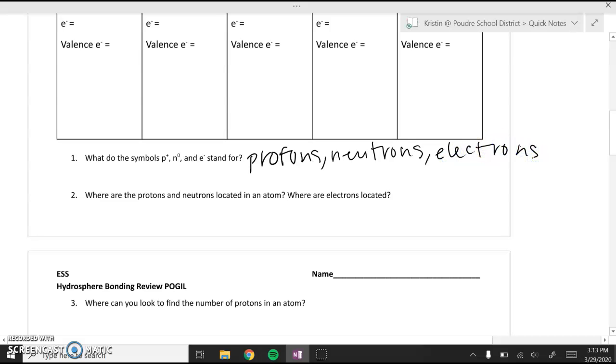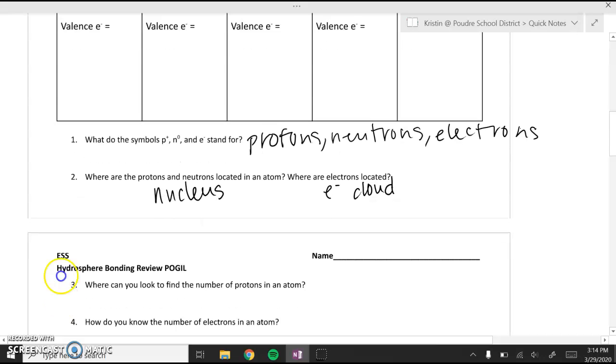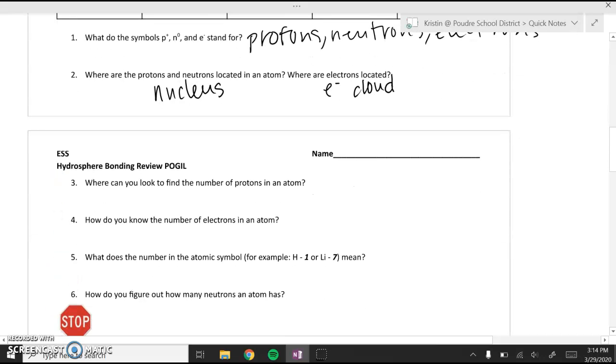And the little superscript symbol tells you their charge. So protons and neutrons are in the nucleus, and electrons are in the electron cloud surrounding the nucleus.